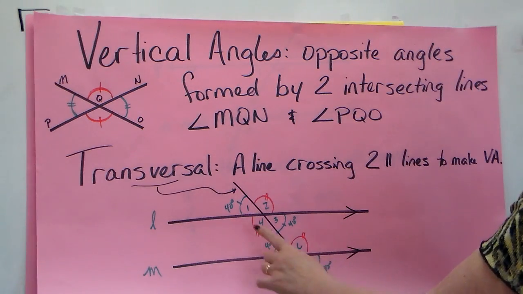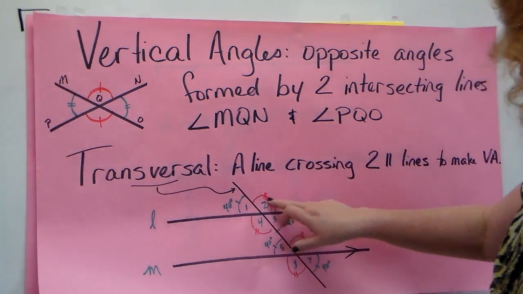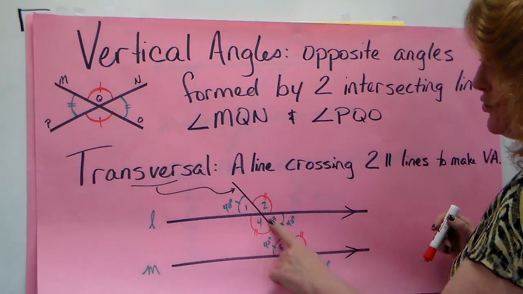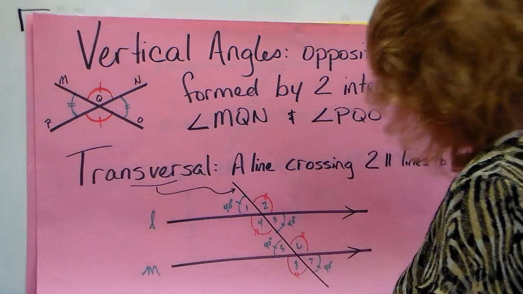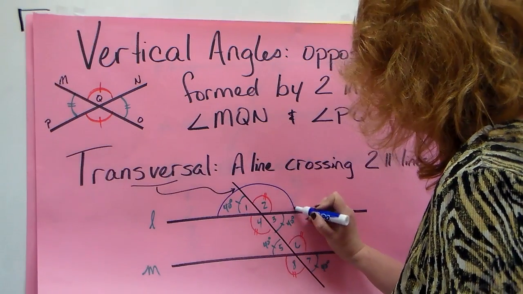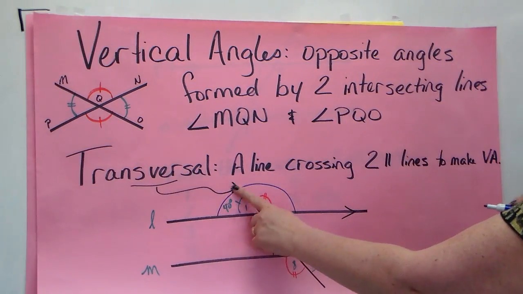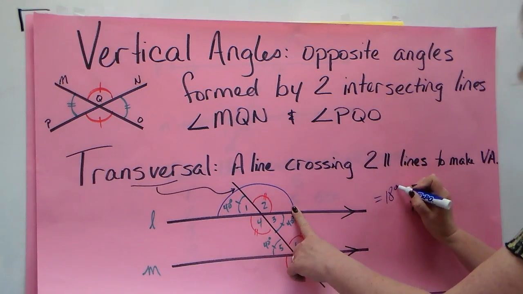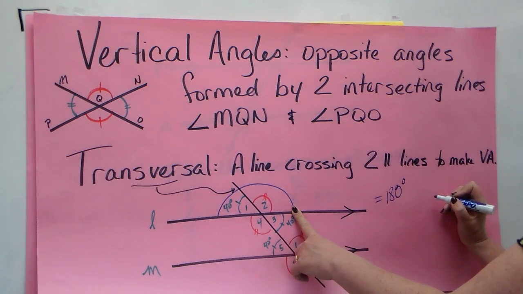But here we go. Now the question is, how much is this? If you'll notice, this is a straight line, this is a straight line. So if you look at the entire straight angle, I know that this plus this has to equal 180 degrees.